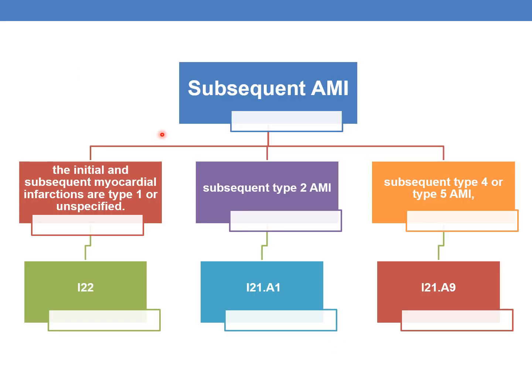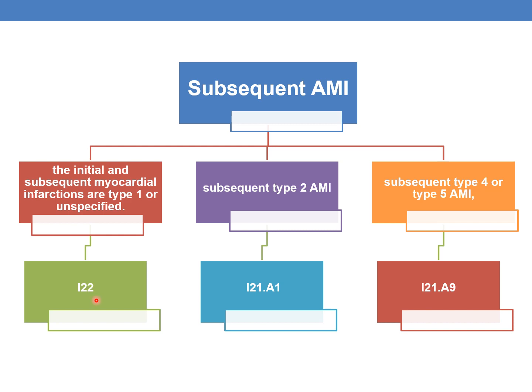Here you can see the various subsequent acute myocardial infarction codes. When both the initial and subsequent myocardial infarctions are type 1 or unspecified, for the subsequent myocardial infarction you need to code I22, and for the initial, you need to code I21.